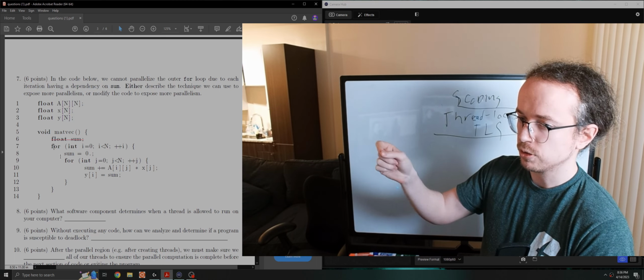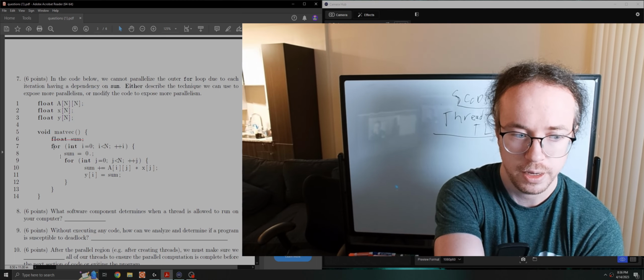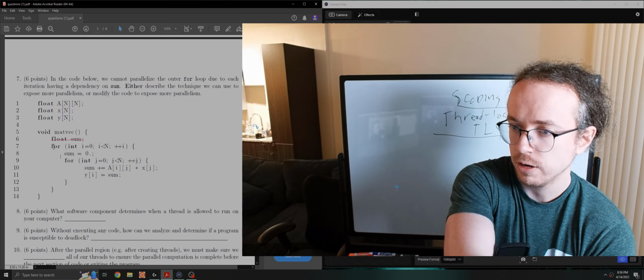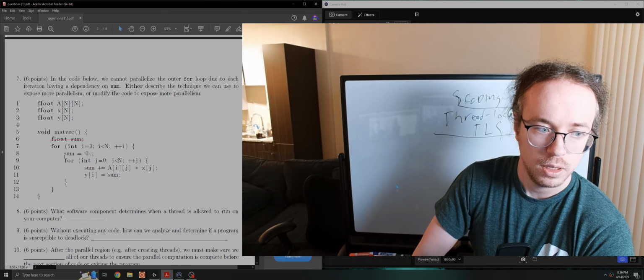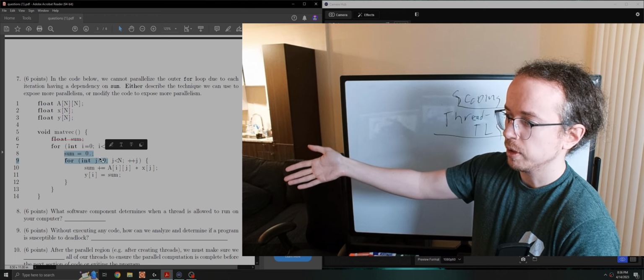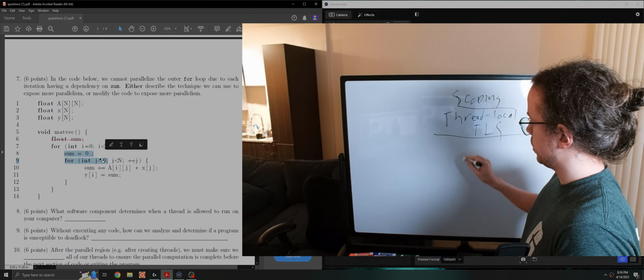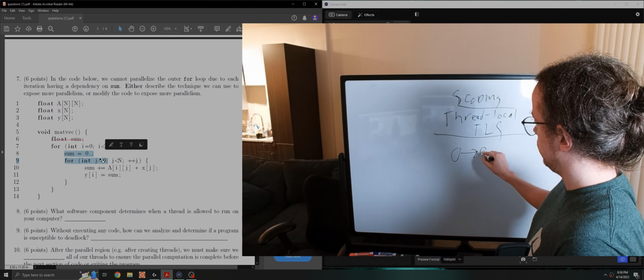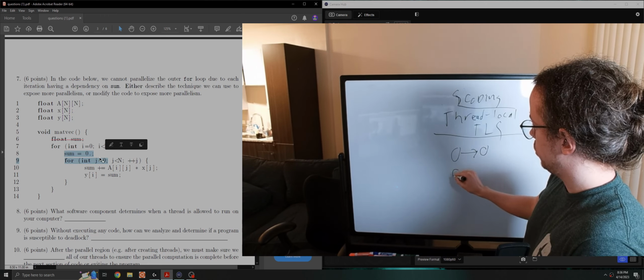The parallel task graph can work with a sum variable for every iteration of this outer loop. For every iteration of this outer loop, a unique sum variable will give us flexibility in the parallel task graph. It takes the task graph from a chain to several independent tasks, at least for this outer loop.